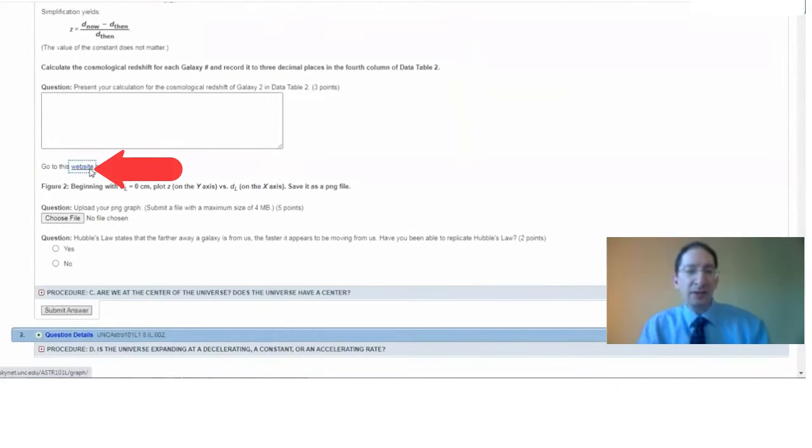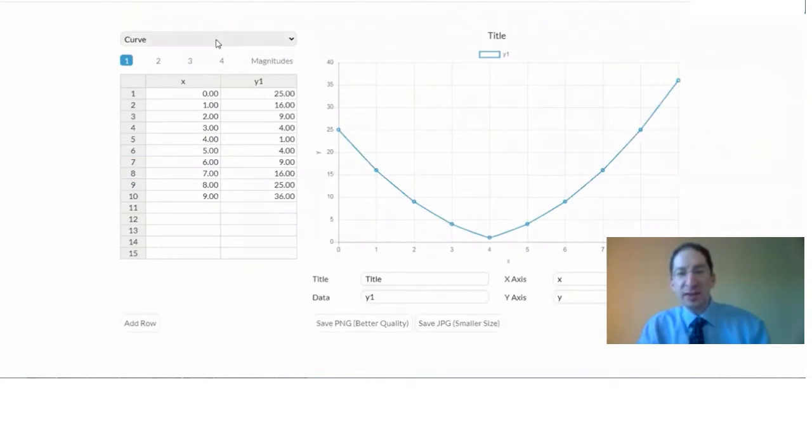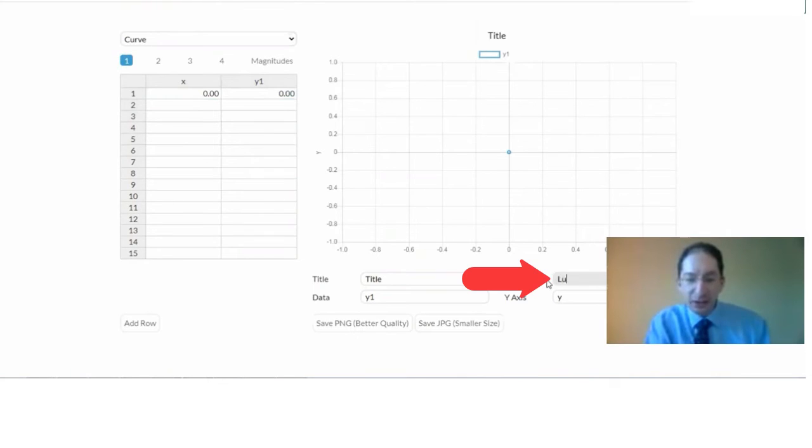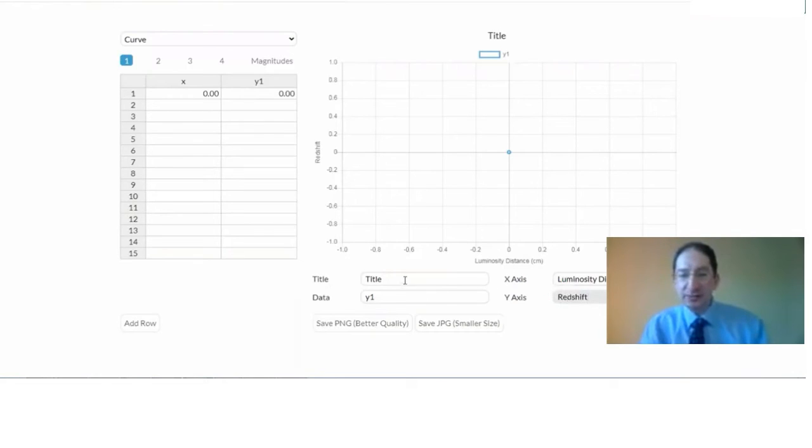So we go back to the graphing website, and we'll again use the simple curve option, clear out the fake data, and you'll enter, starting with the 0, 0 point, 4 more sets of values. On the x-axis, we have luminosity distance, measured in centimeters. The y-axis, we have the redshift, which is dimensionless.